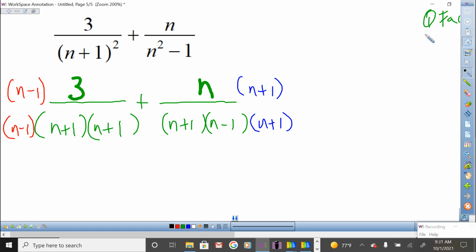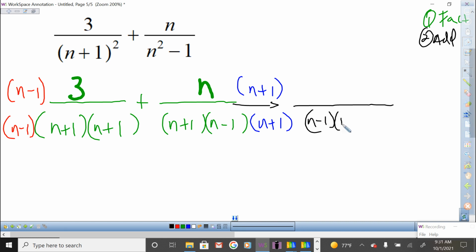What is step 2? We need to add or write it as one fraction, yes? Alright, so my denominator, I'm going to write, starting here, I got n minus 1, n plus 1, and n plus 1. Okay. So, let's focus on the numerators.